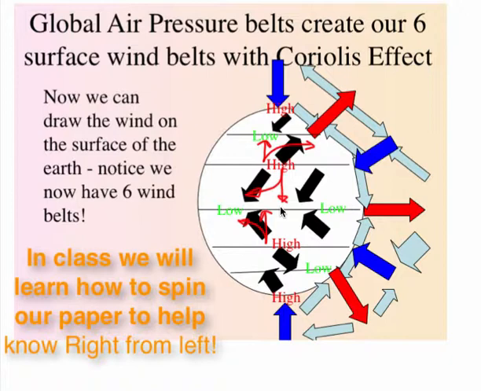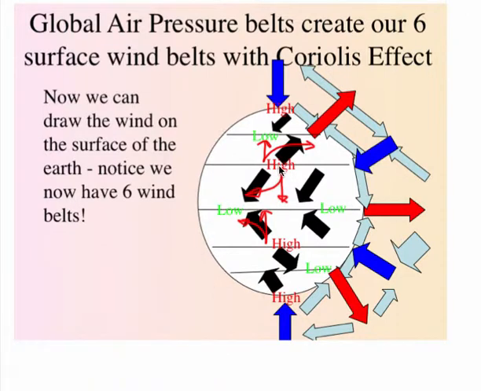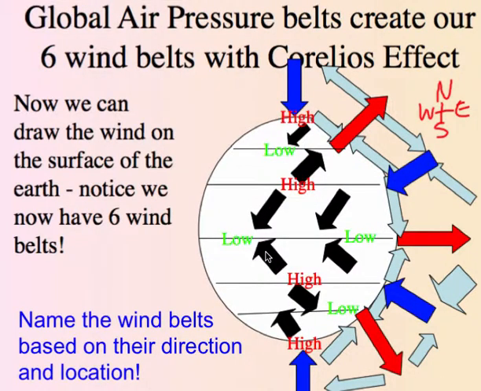You better turn your computer upside down because it goes to the right. It looks like it's turning to the left, but if you're driving a car along this path, you're facing it, and it turns to the right. And the opposite in the southern hemisphere. Okay, we got it all on there. Now all we have to do is label the wind belts based on their direction. Wind is named from the direction it blows from.